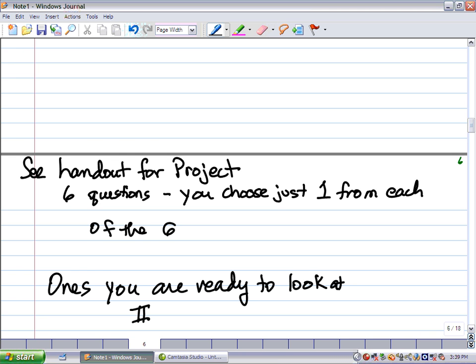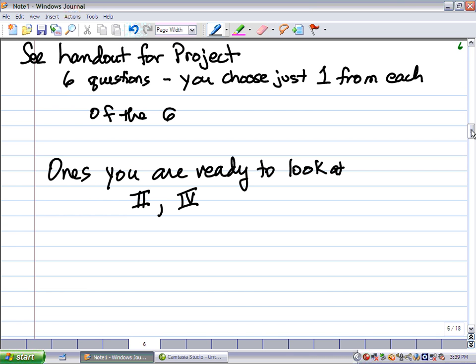That's relations. Number 3 is induction, so we have not done that yet either. You could also look at number 4. Number 4 is the one that would require a graphing calculator unless you want to write a computer program. If you do write a computer program, you need to show the code and run the program and show its output as well.